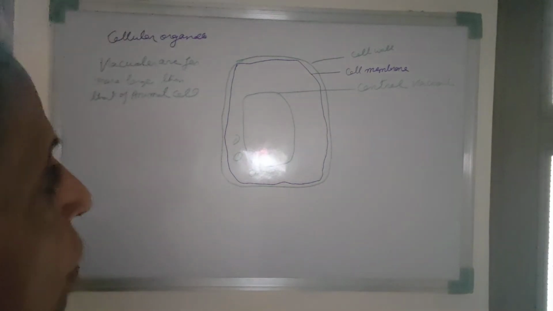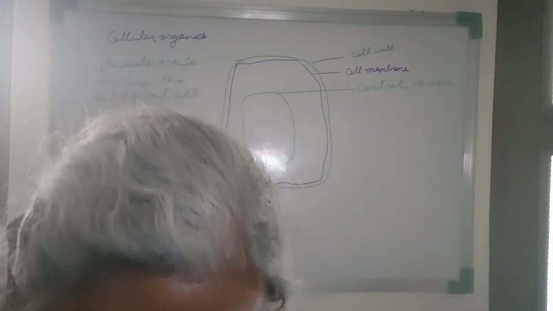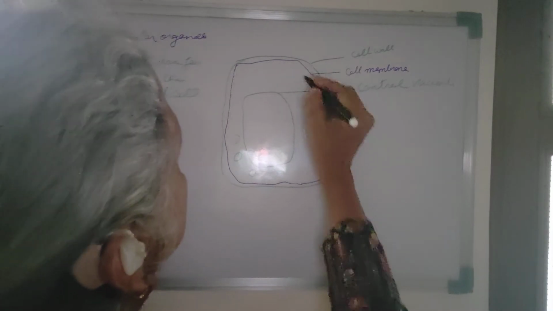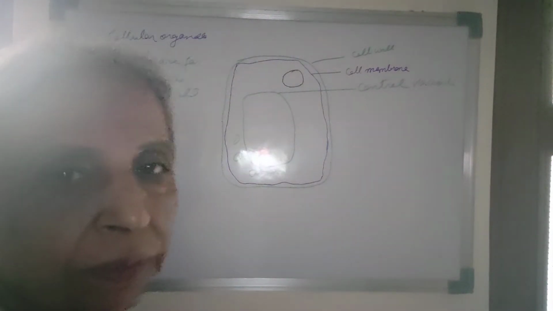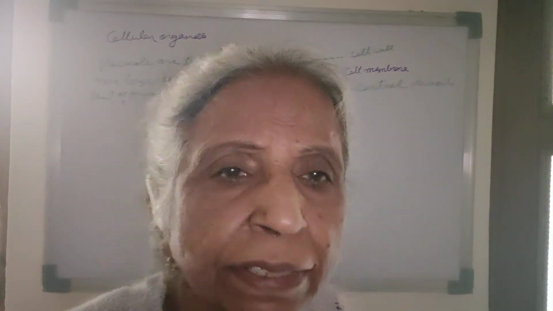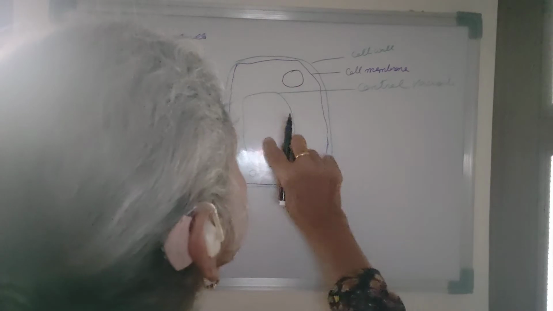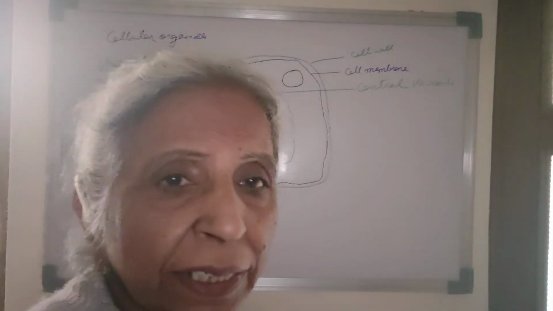Then is the nucleus. Nucleus in this case is eccentric. It is not present in the center. Nucleus is eccentric, that is, due to the presence of this cell vacuole, it is present on one side.